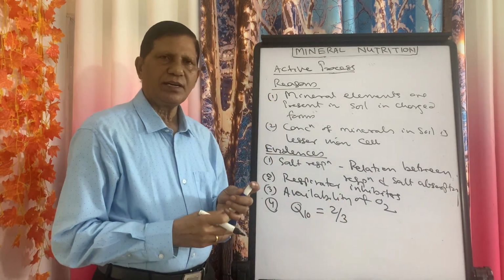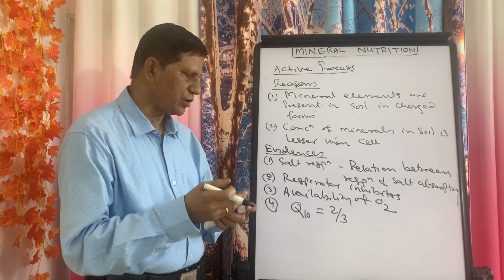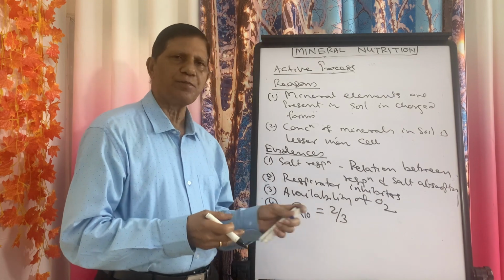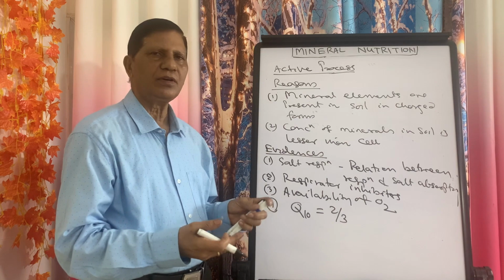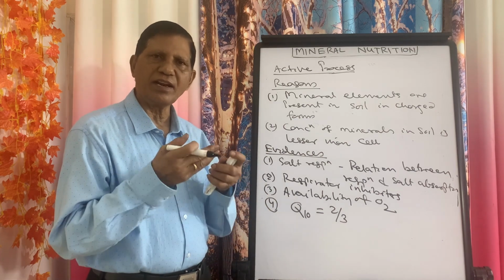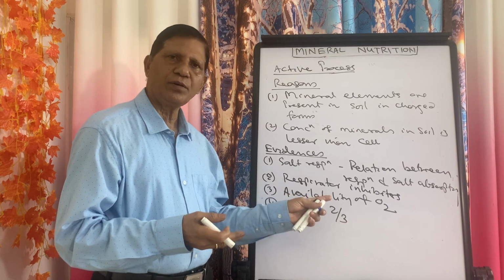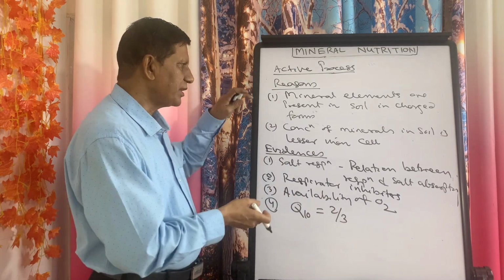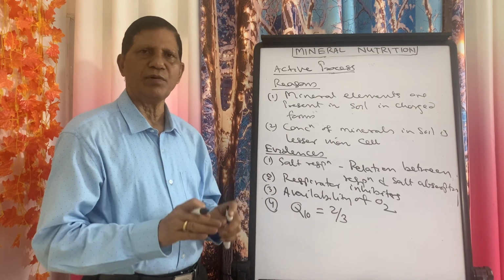That means the rate of absorption depending upon temperature is always 2 or 3, like any other biochemical reaction. Here also some enzymes and some carriers are involved. That is why it is giving a quotient between 2 and 3. So these are the evidences to prove that actually some carriers are involved.